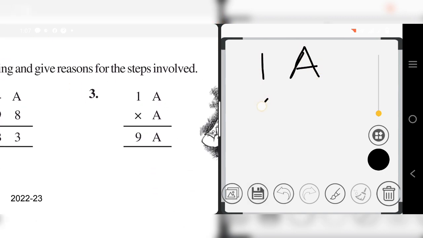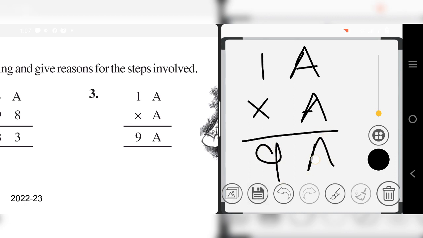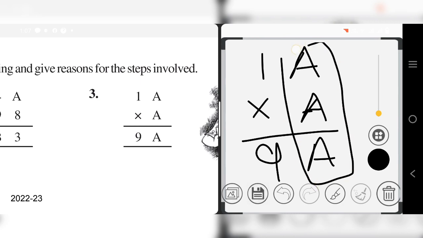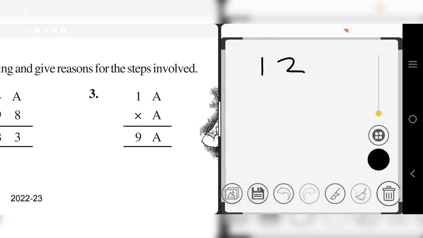1a into a is equal to 9a. So here we only had to find the value of A. So if we take 12 into 2, is it equal to 92?